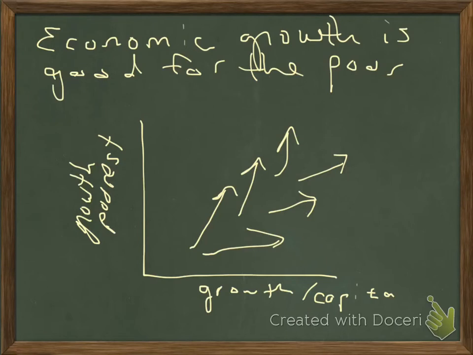But this study shows that the poor are included in the increase in income caused by economic growth. It was a very important study, and it was Dollar and Kraay who did that.